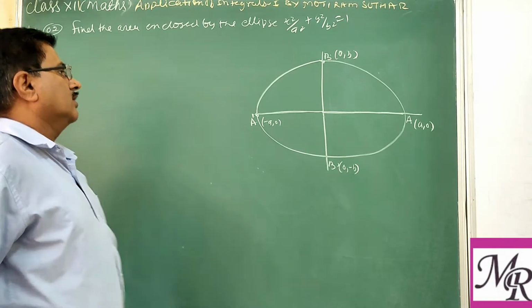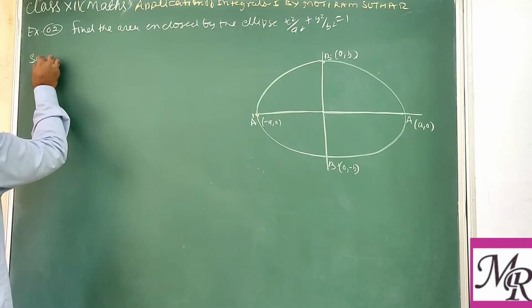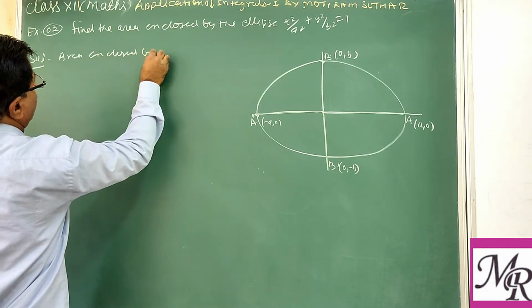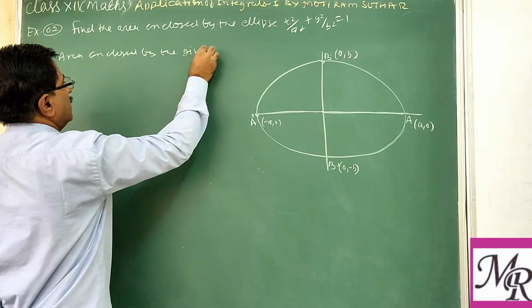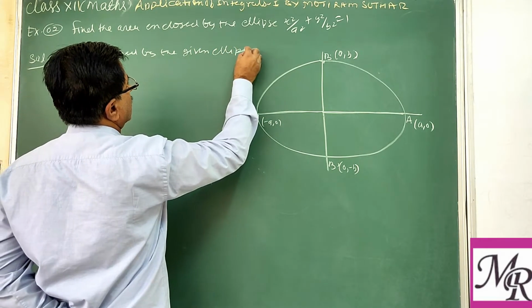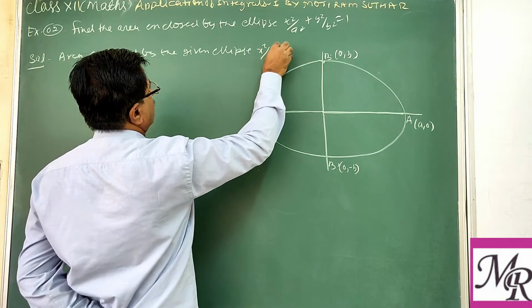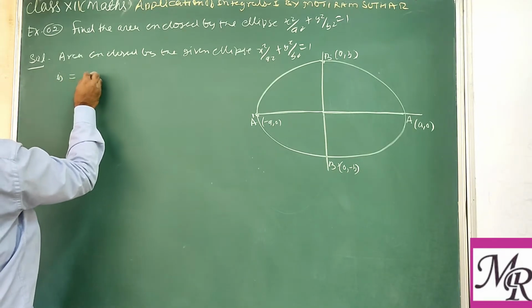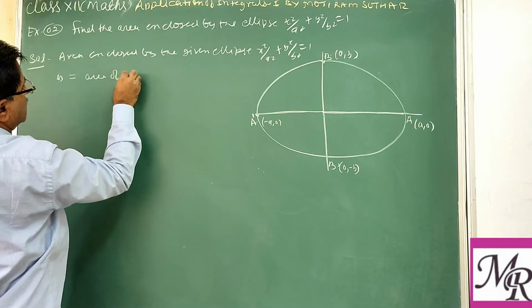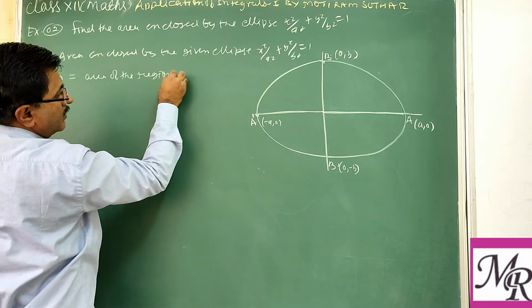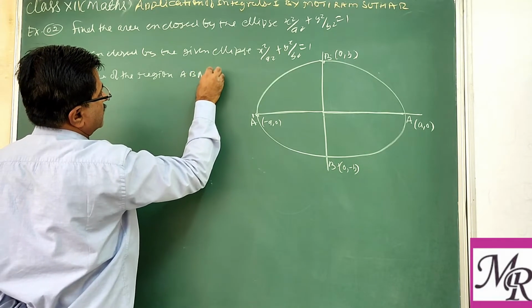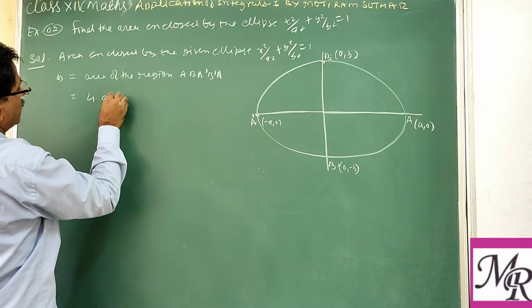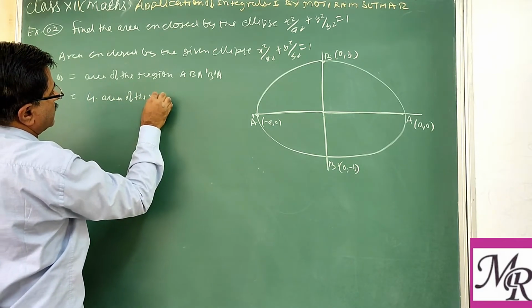So again you have to write in the solution: the area enclosed by the given ellipse, that is x square upon a square plus y square upon b square equal to 1, is equal to the area of the region A, B, A dash, B dash, and again A, this whole region, which is 4 into the area of one region.